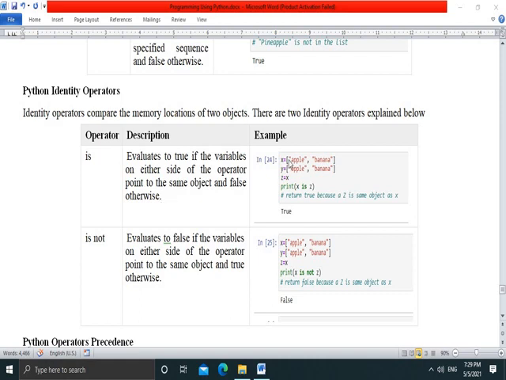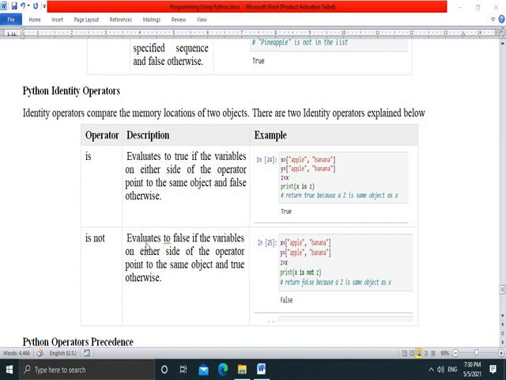Means if you take x equal to apple banana, y equal to apple banana, z equal to x and you print x is z, it prints true because z is the same as x. You assign x value to z, so z is the same object as x. That's why true is printed.